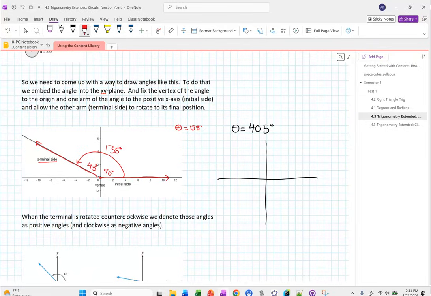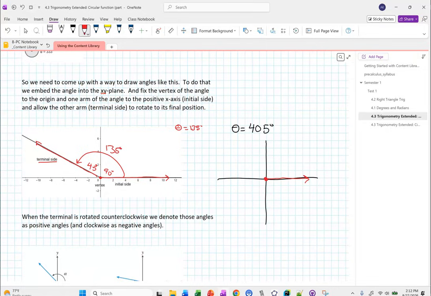I'm going to fix my vertex at the origin. I'm going to lay my initial side on the positive x-axis. This is the start every single time we draw an angle. Vertex at the origin. Initial side on the positive x-axis.